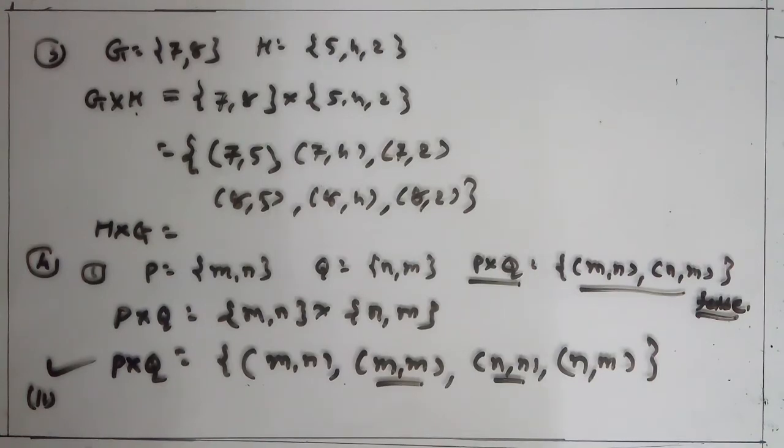Right? A cross B is the set of all ordered pairs whose first element x belongs to A and second element y belongs to B.